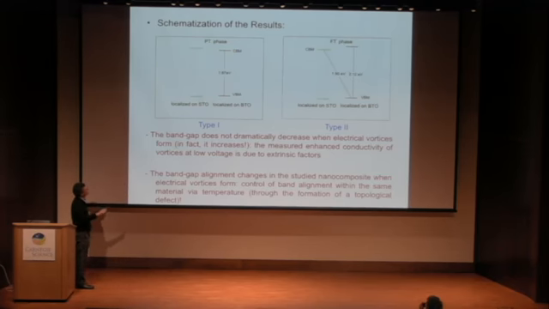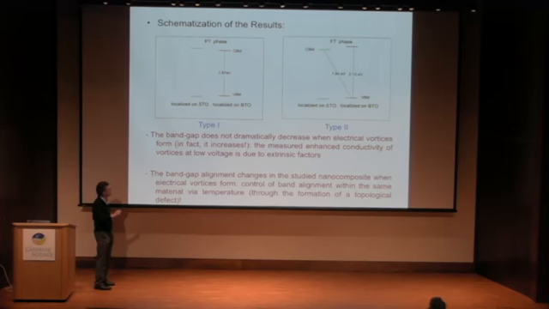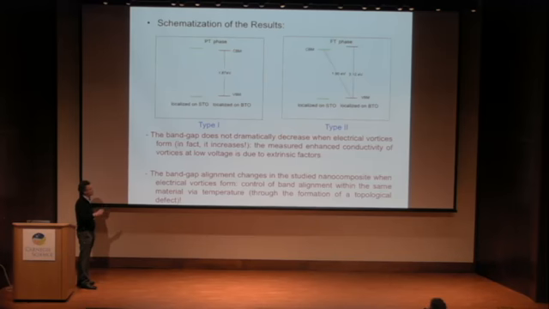So here, when you don't have vortex forming, you have the VBM, valence band maximum, localized in the BTO nanowires, and you have a conduction band minimum also localized in these BTO nanowires, and the DFT value is 1.87 electron volt.